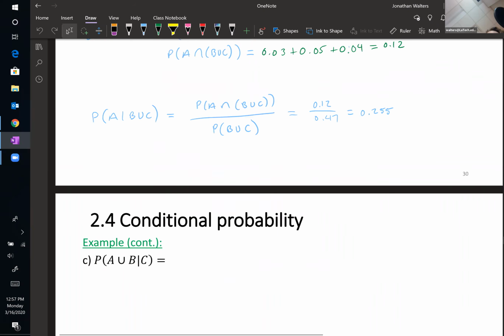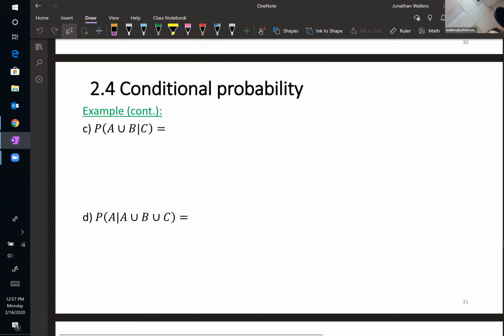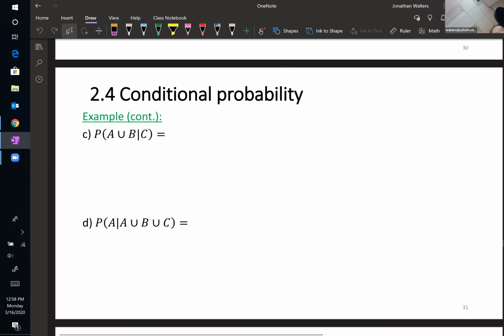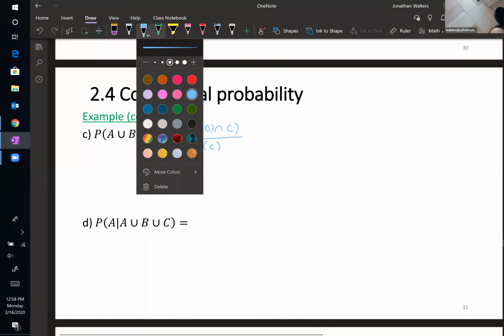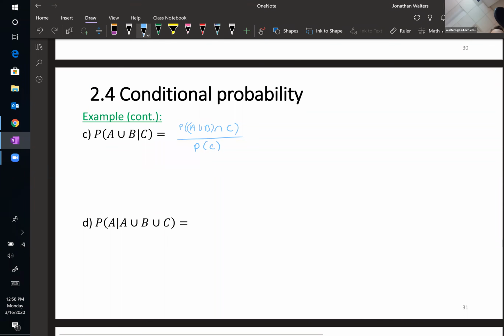Now, part C, what's the probability of A union B given C? That's going to be the probability of A union B intersects C, over the probability of C. We go back up to the Venn diagram.